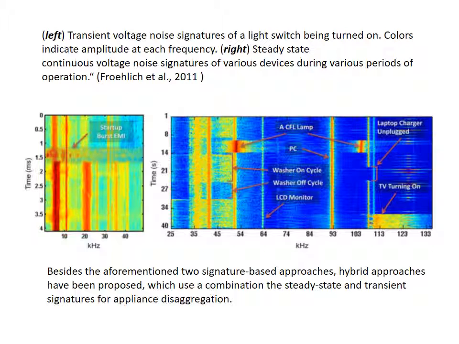Now when you notice changes in the color, that indicates a device being turned on and off. You can see CFL lamps being turned on and off, two different CFL lamps at different frequencies, TV turning on, washer turning on and off, etc. In a lot of cases, this is a more precise way of differentiating between different types of devices that may have pretty similar steady state signatures if we're talking about their real power consumption.